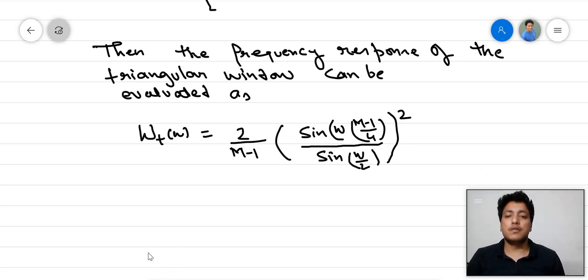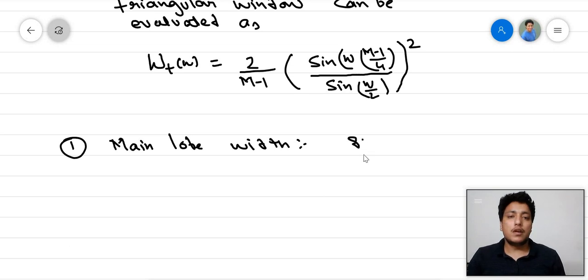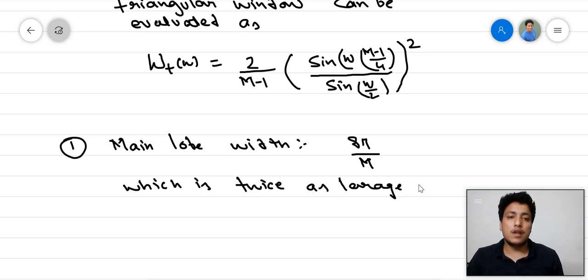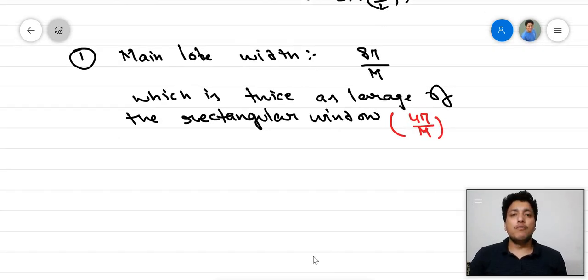Now, as usual, we will look for two properties. First one is the main lobe width. The main lobe width is equal to 8 pi by M, which is twice as large as the rectangular window, which was 4 pi by M. The main lobe width increases.